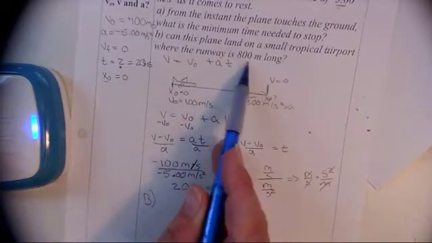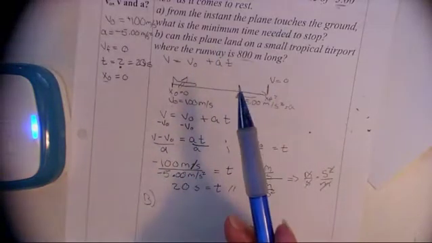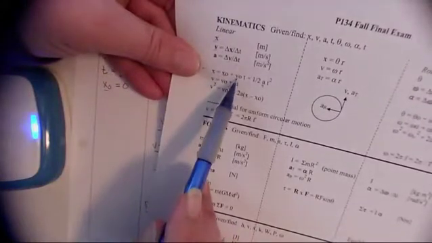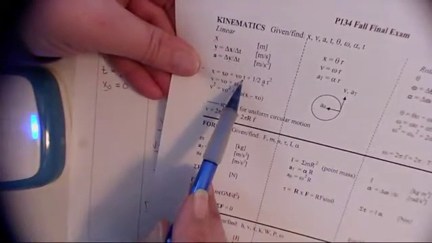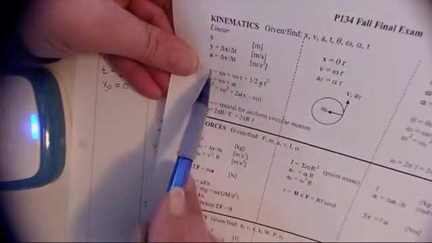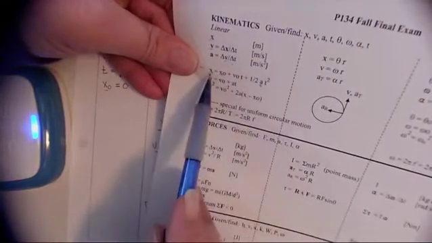Because if the distance I've covered is less than 800 meters, then yes, it can. So what do we have here? Remember, our x naught is 0, so we don't have to worry about that. We have the time, we have the acceleration, and we want to know if it'll do all that and be less than 800.